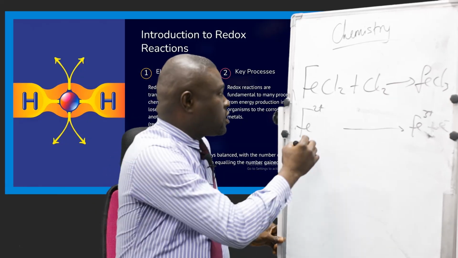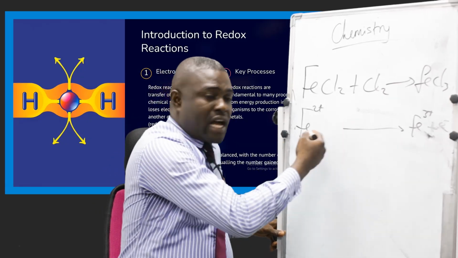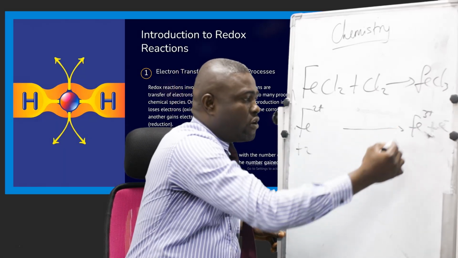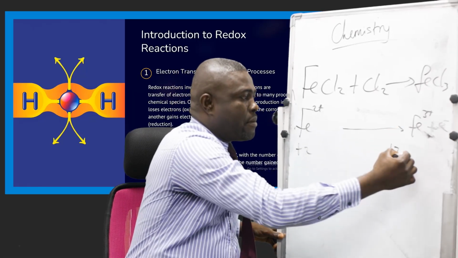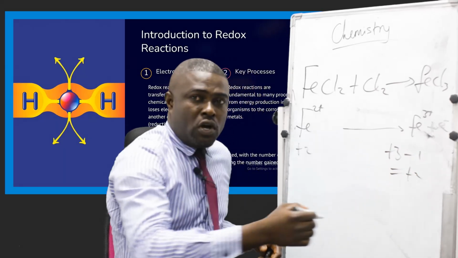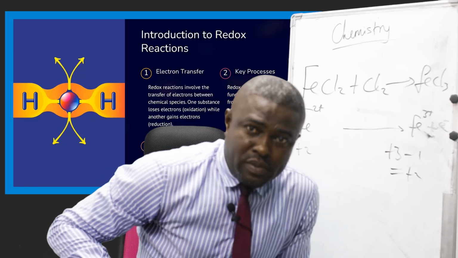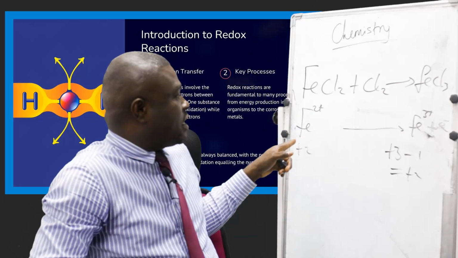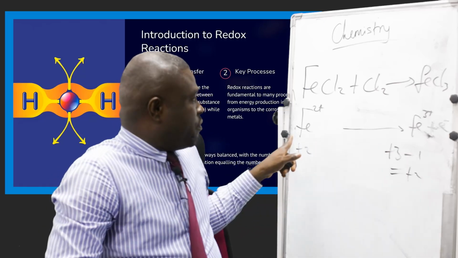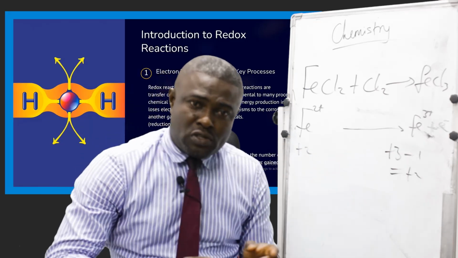Now, if we calculate and check both sides, we have plus 2 here, and we have a total of plus 3 minus 1 on the other side, and that equates to plus 2. You will find out that because of the introduction of the electron at the right-hand side, both sides are now balanced at plus 2.